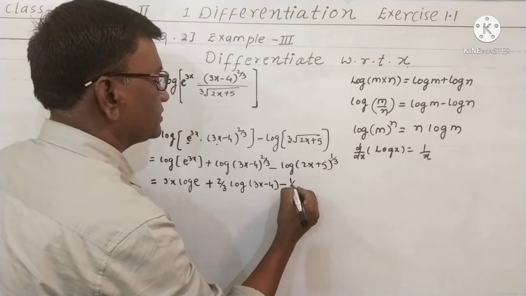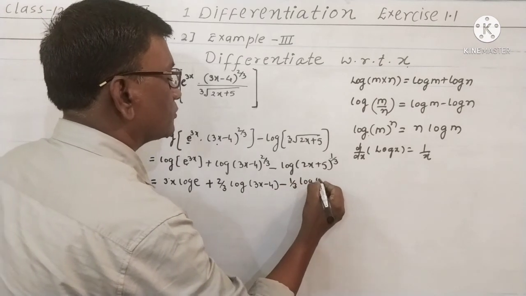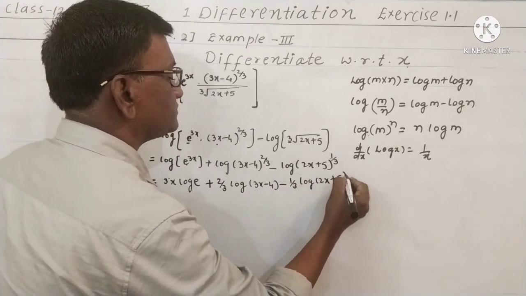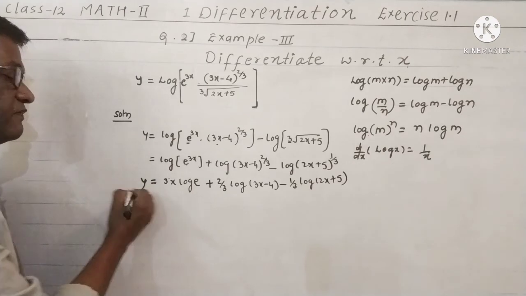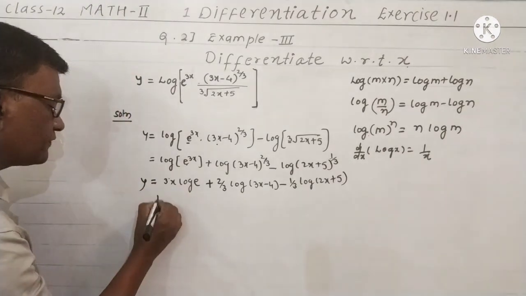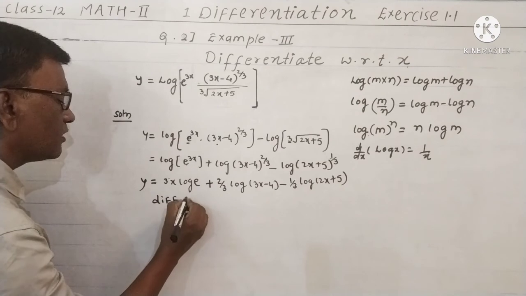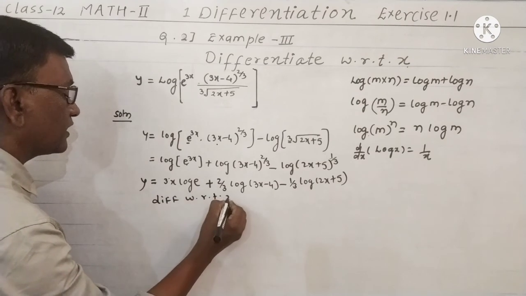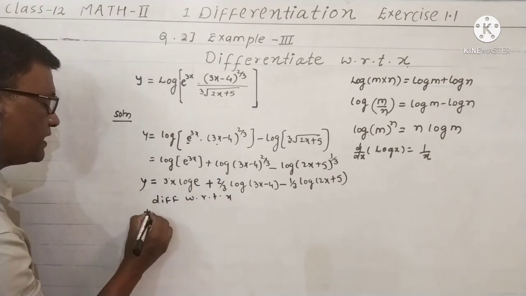And here is 1 by 3 log of (2x plus 5). This is the y. Then differentiate to find the derivative. Differentiate with respect to x. Derivative of y is dy by dx.